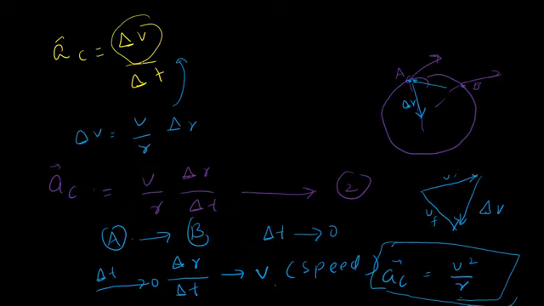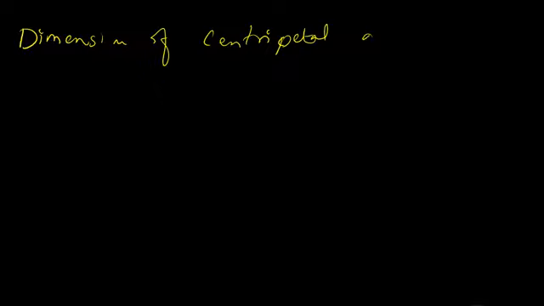Now we come to the dimensions of the centripetal acceleration. The centripetal acceleration is equal to v squared over r.